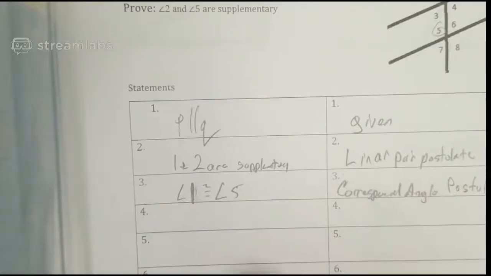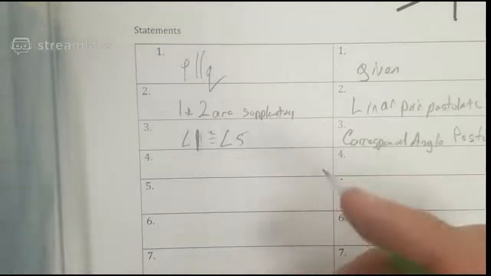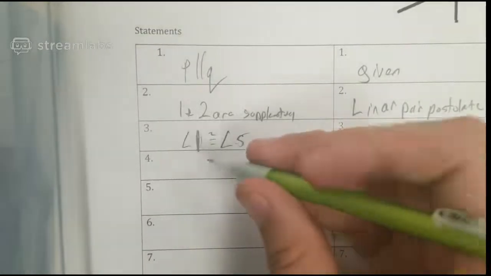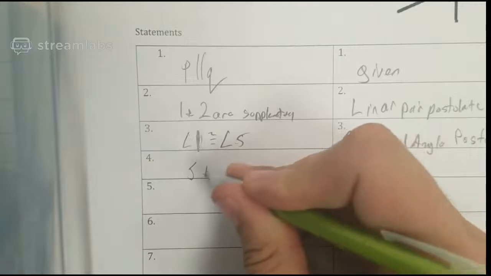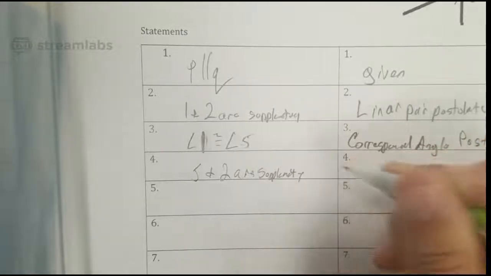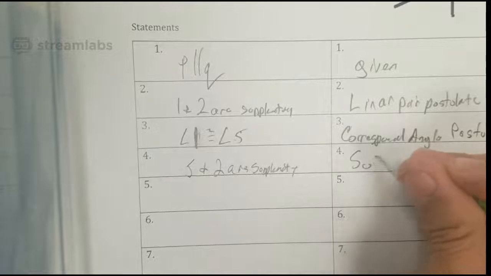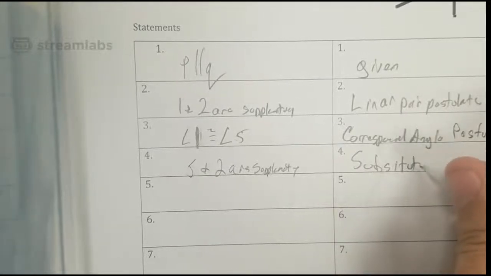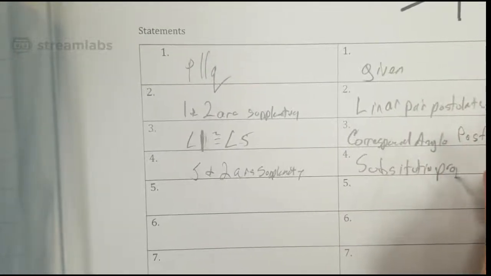So that's 1 and 5 being congruent to each other. Now I know these are congruent to each other, so I can replace the 1 with a 5. So 5 and 2 are supplementary. And I'm allowed to do that because this is the substitution property.